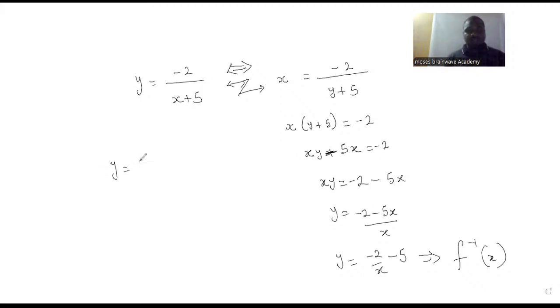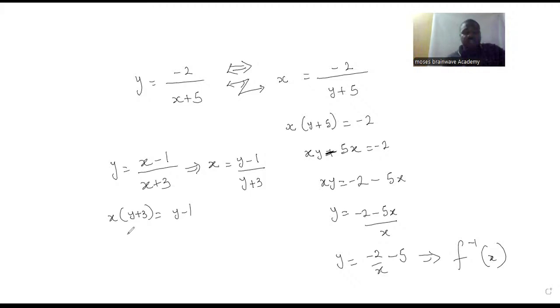Y is equal to x minus 1 upon x plus 3. Switch x and y. So I'm going to get x is equal to y minus 1 upon y plus 3. Cross multiplying, I'm going to get x into y plus 3 is equal to y minus 1.